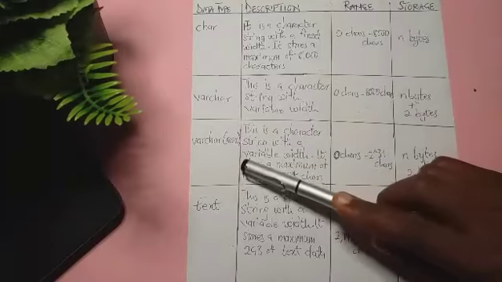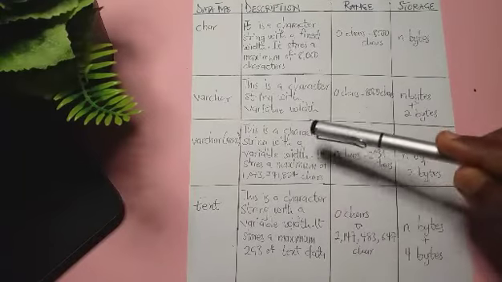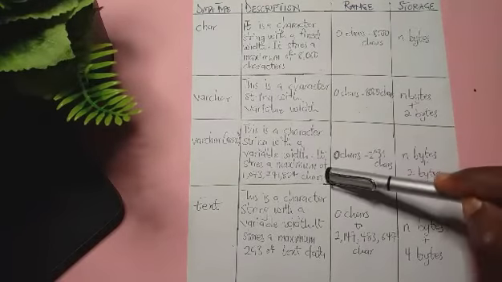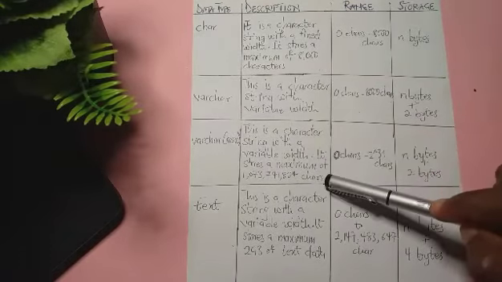And we have the varchar max. This is a character string with a variable width. It stores a maximum of 1 trillion characters. That's the range, and the storage is the number of characters you use, plus 2 bytes.